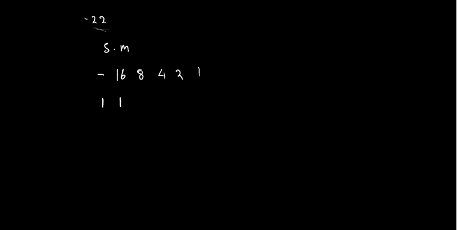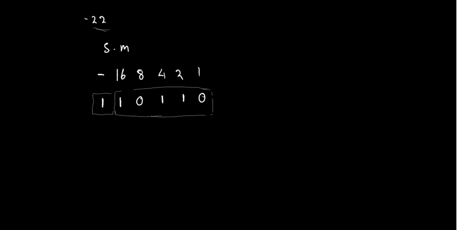So 8 can't go into 6, so we're going to say 0 there. 4 can go into 6, we're going to put a 1. 6 minus 4 is 2. 2 can go into 2 there, so that's a 1 and there's nothing left. So this first part is 22 in binary, unless I've gotten my math wrong. Then since it's negative, we just add an extra bit there to indicate that this is negative in that notation.